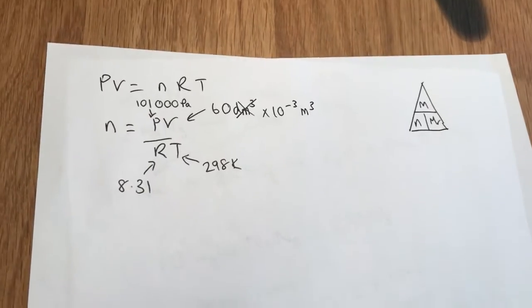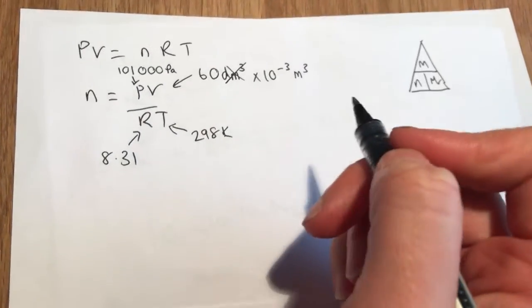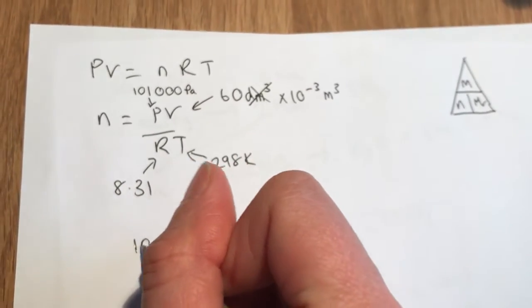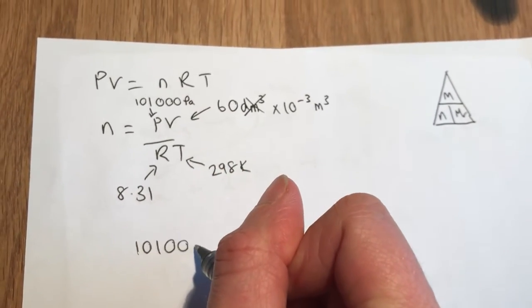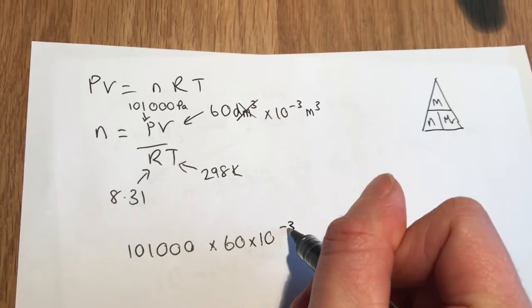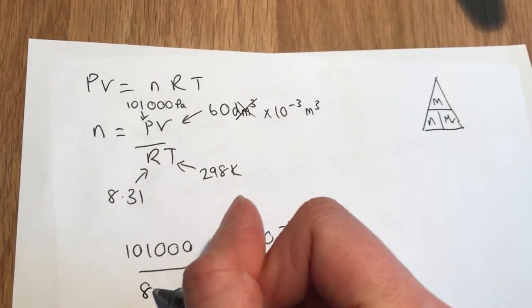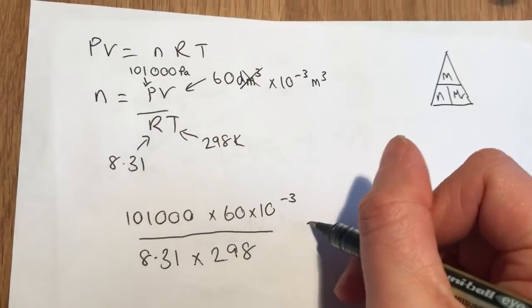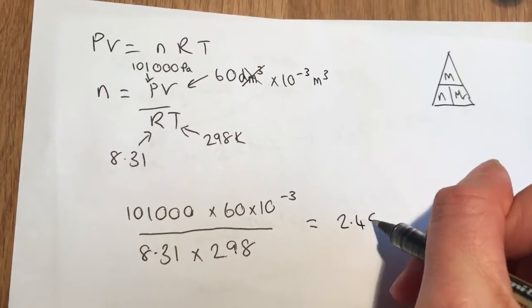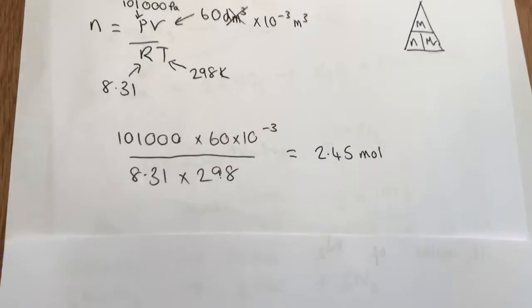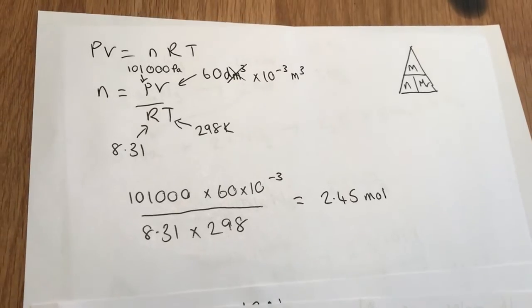When you put that all into your calculator, you have 101,000 multiplied by 60 times 10 to the minus 3, over 8.31 times 298, which equals 2.45 moles. Just remember that that is the moles of nitrogen.